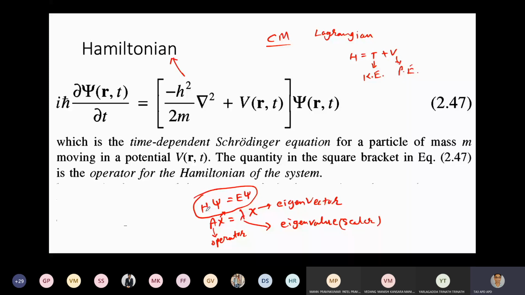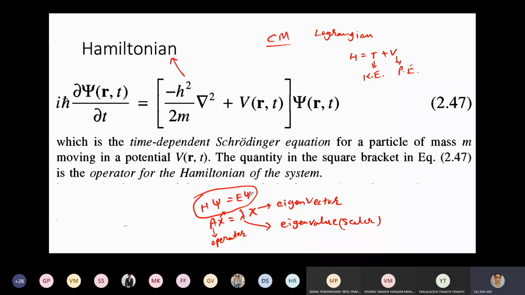We need to write down the Hamiltonian for the given physical system, and we should know the state of the system, I mean the eigenvector of the system. If you know these two things, you operate this operator on the eigenvector, and you should get the energy of the system. And this should completely describe the state of the system. So that's all about the Hamiltonian.